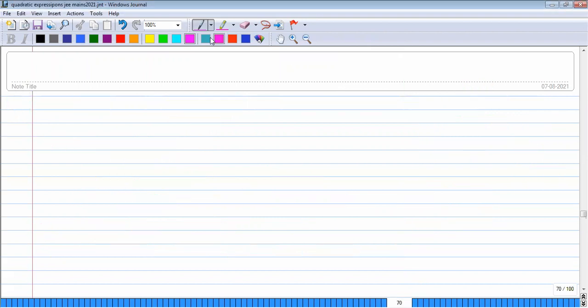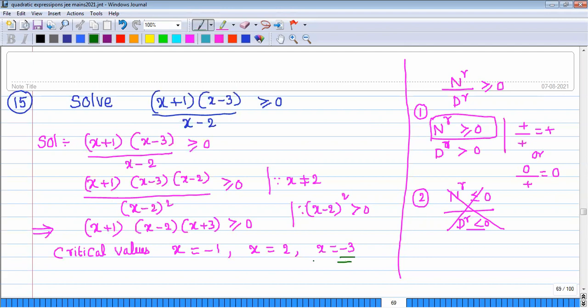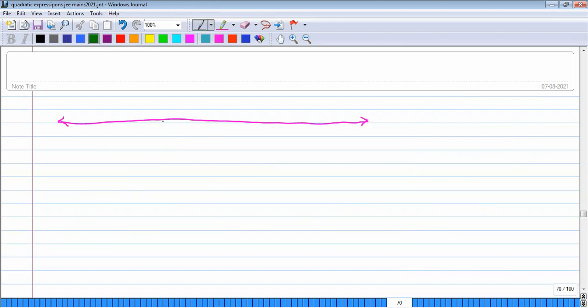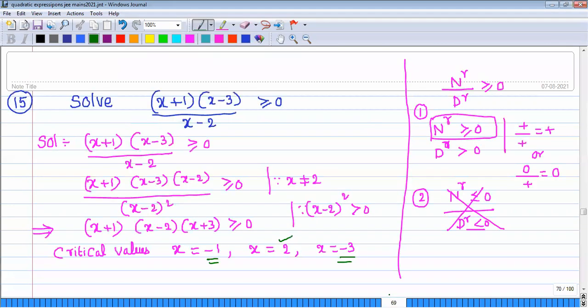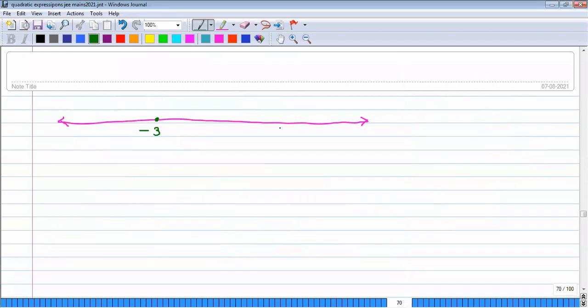Take the number line. On the number line, minus 3, after that minus 1, next 2. Sir, x minus 3, not x plus 3.